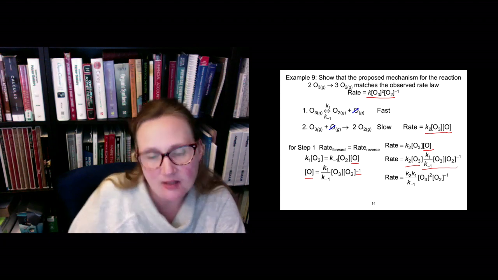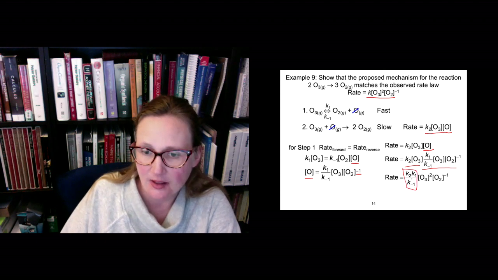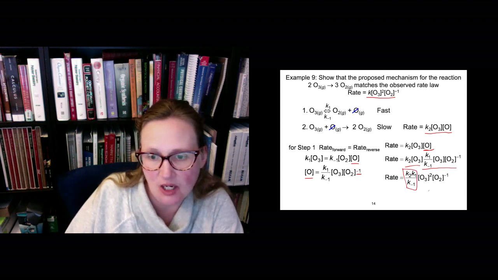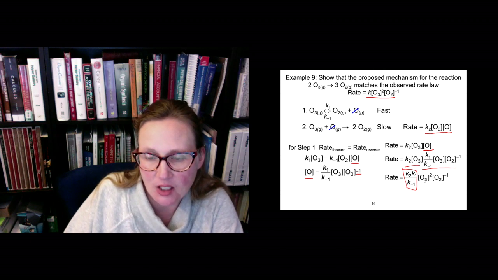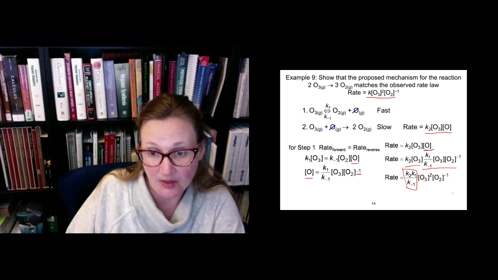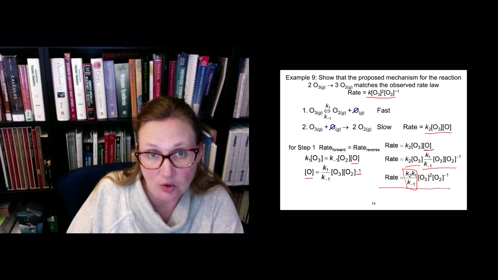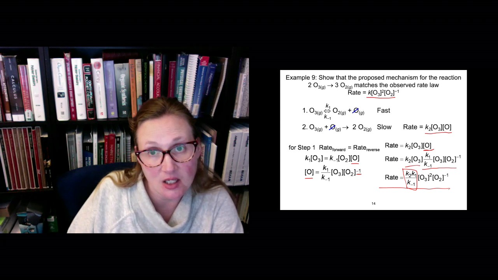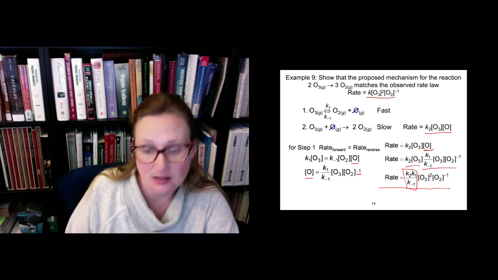If we rearrange this equation, we get something that looks like a K, the ratio of K2 times K1 over K reverse, and then we have O3 squared times O2 to the minus 1. And if we look at this rate that we solved for, you can see that it matches the observed rate law. So we've just validated this mechanism.